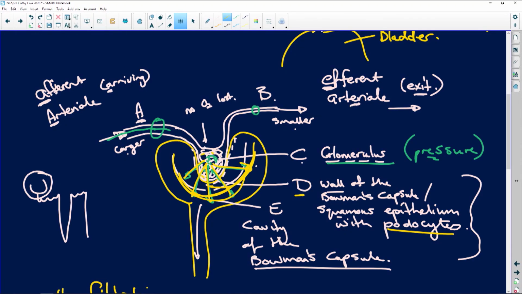So there's a lot of area that is in contact between the glomerulus here and the Bowman's capsule over there, you see? So the shape of the Bowman's capsule allows the glomerulus capillary network to go into the bowl, and it increases the surface area for ultrafiltration, okay, which is really, really important.